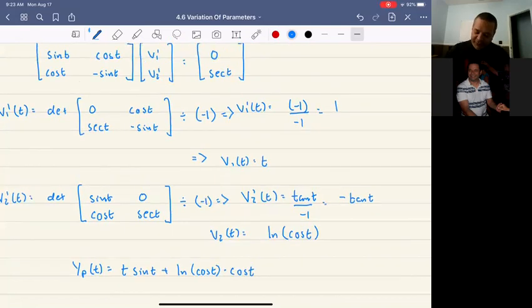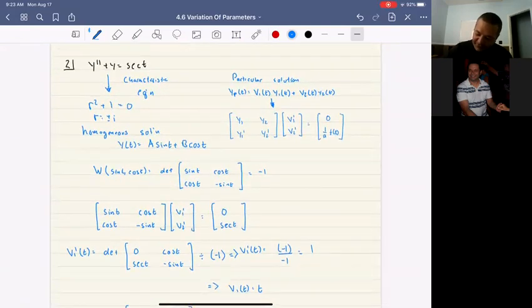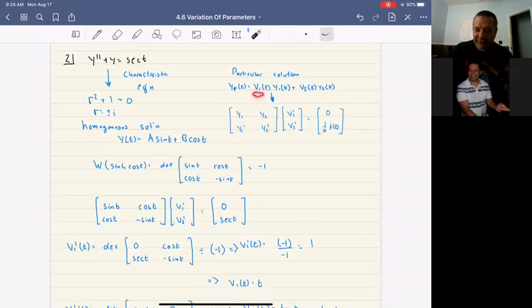Remember, our particular solution was up here: t times sine t plus natural log of cosine t times cosine t.